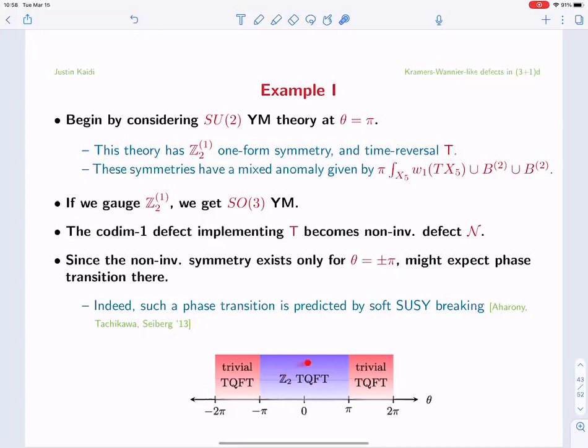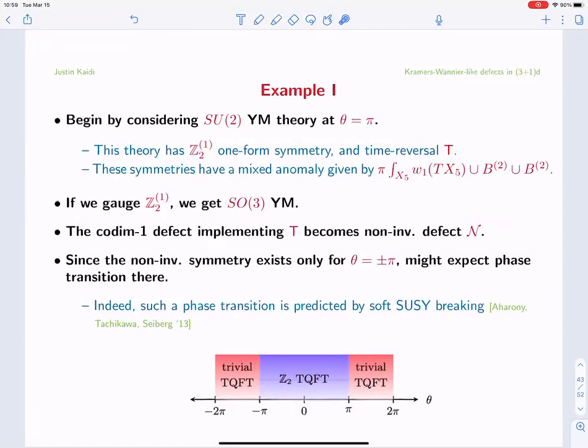And for the other half of the values of theta, you're partially confining, so you have some residual Z2 TQFT. And the phase transition points are exactly at theta equal to plus or minus pi. So you can really think of this a lot like in the Ising case, where you have the Ising model and there's a phase transition, and right at the critical temperature, where you have the critical Ising model, there's some emergent non-invertible symmetry. And so that's exactly this same thing here.